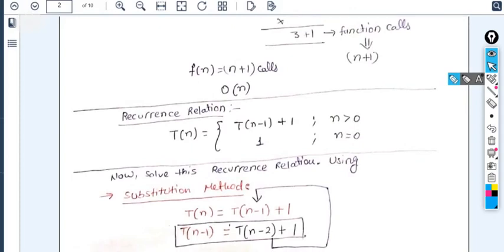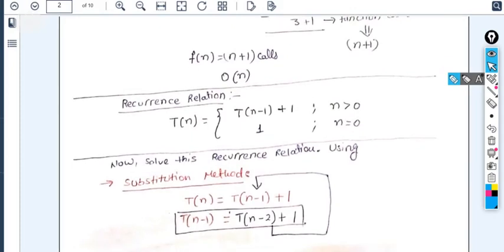Now you have to solve this recurrence relation with the help of different methods. First we are taking the substitution method. In the substitution method, I'm taking T(n) = T(n-1) + 1.